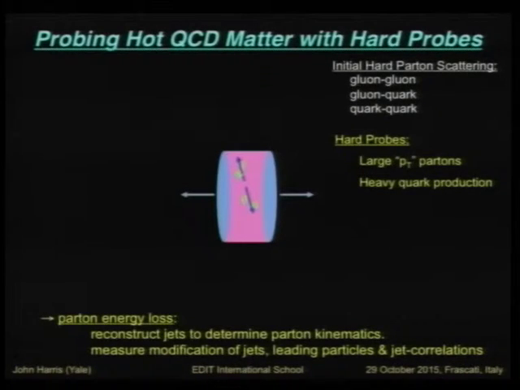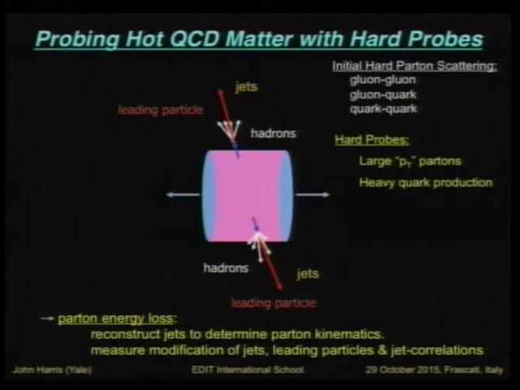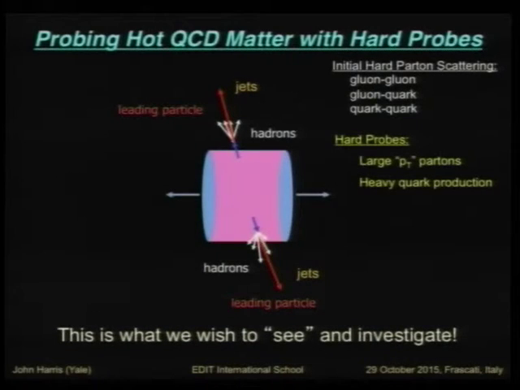Now, these partons can radiate, they can scatter, they can lose energy. And in the end, we see hadrons, we see jets, we see high momentum particles. And so we want to look at these observables, including heavy quarks, large transverse momentum partons that become jets or single particles.